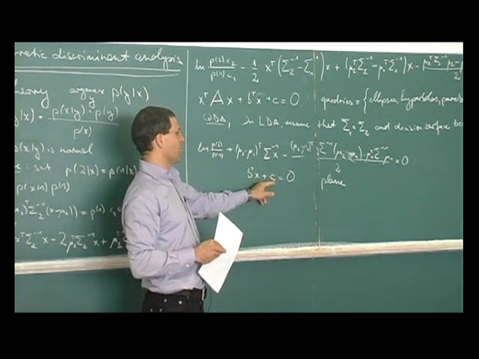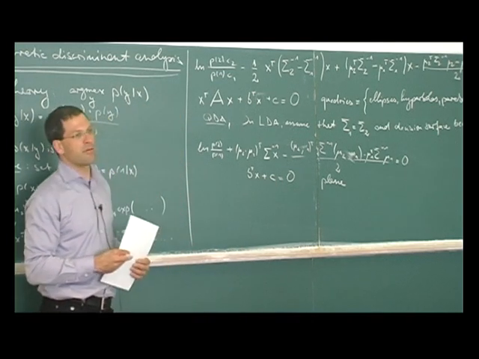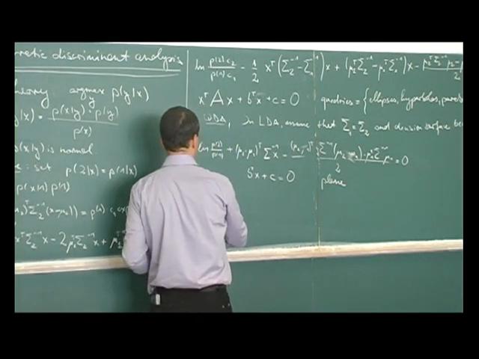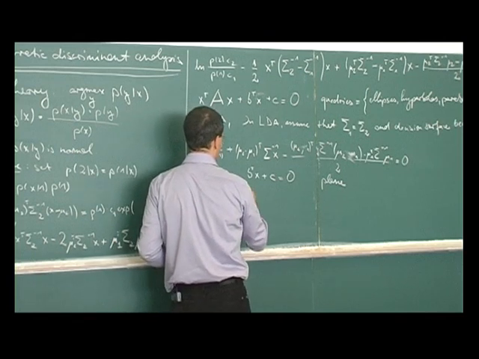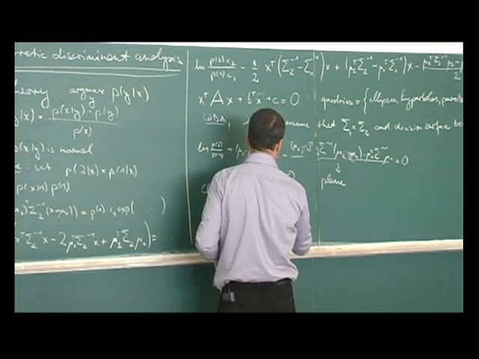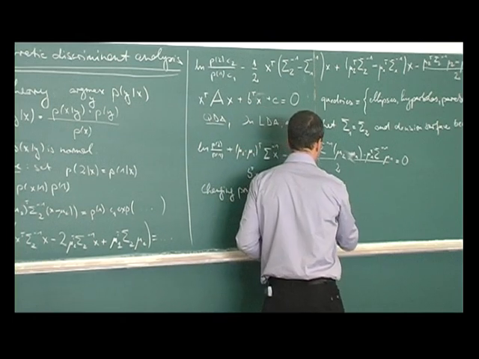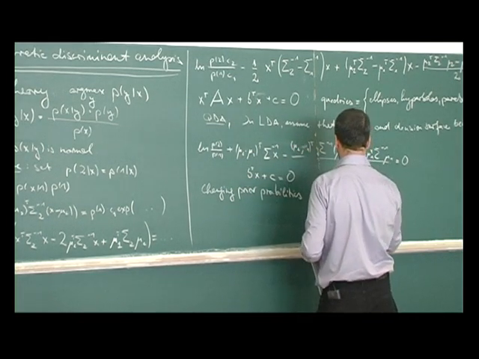It just changes its distance from the origin. So this becomes a parallel shift of the decision surface. So if we change the prior probabilities, we obtain a shift of the decision surface.